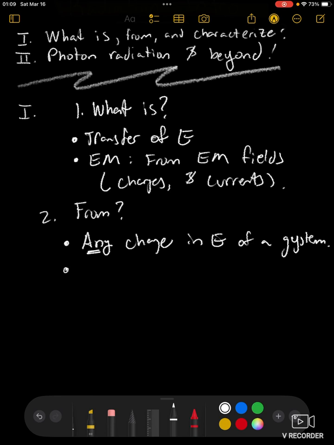An example of this might be an electron change. For example, this is the second level, this is the first level for an atom. It goes from the second to the first level, and it emits some radiation, essentially.